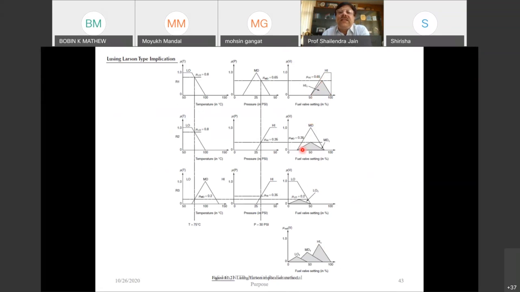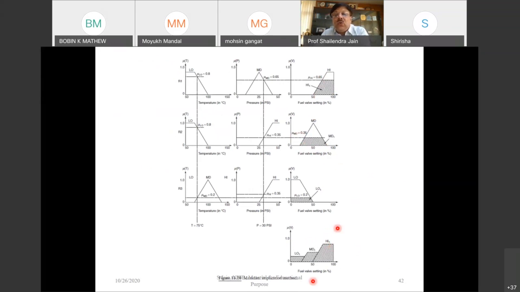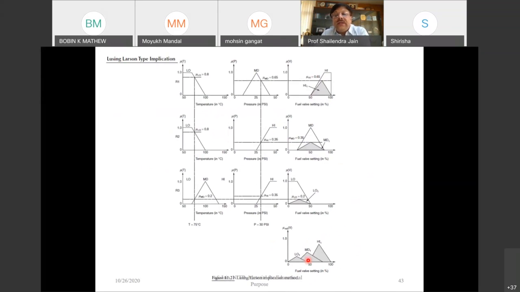For example, in this case, my output is 0.36, so we have created another triangle with 0.36 as the height. This is my shaded area. Comparing these two methods, the area is more in one and less in the other, so definitely your output will differ.